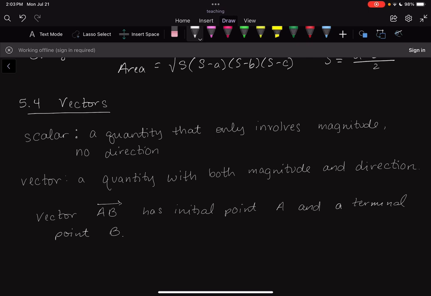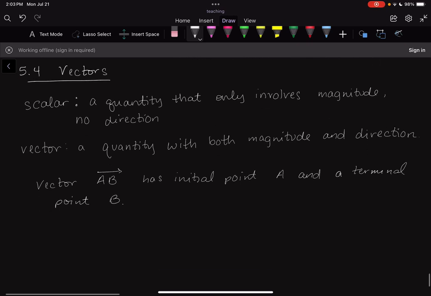Now, since the direction of a vector does matter, we have to be careful about what we put first and what we put second, letters wise. Since A is the initial point, we want to put that first. So that'll be important for us. A little bit of notation here.